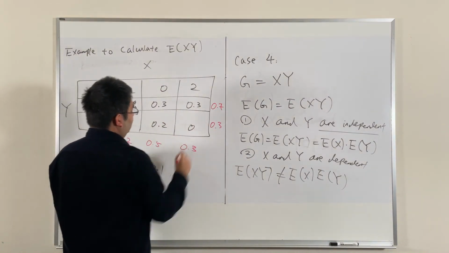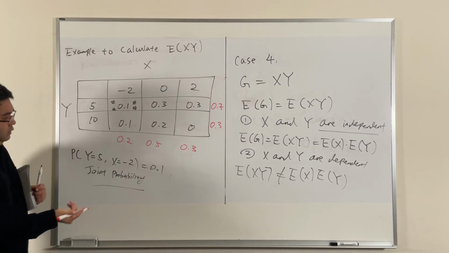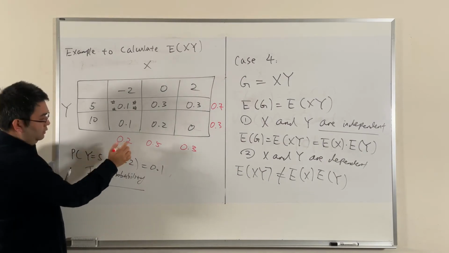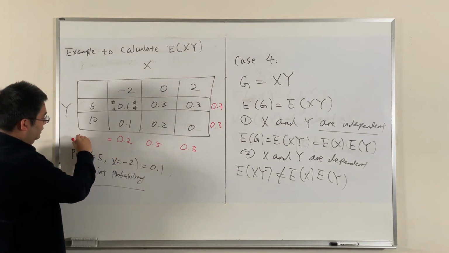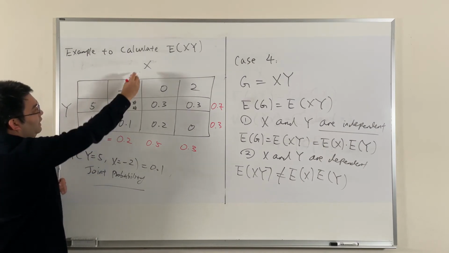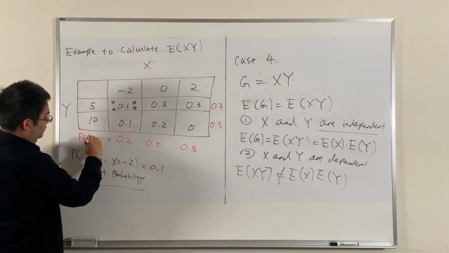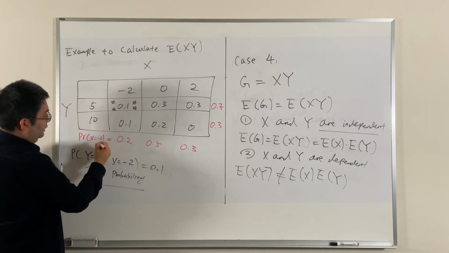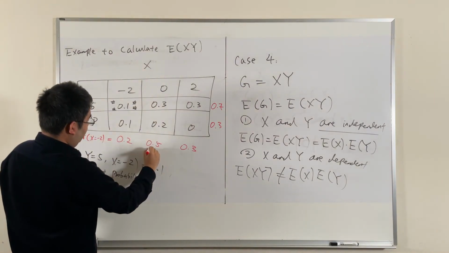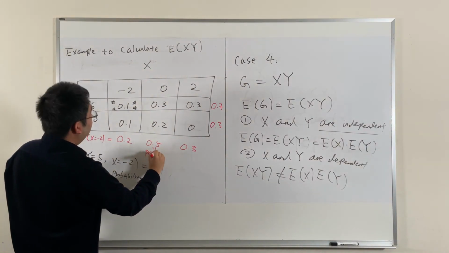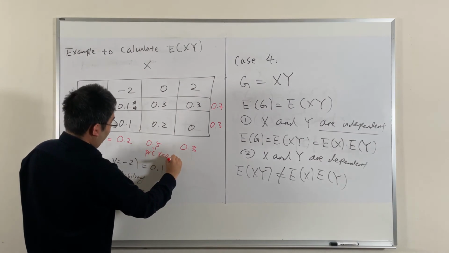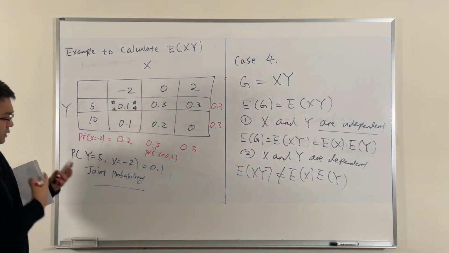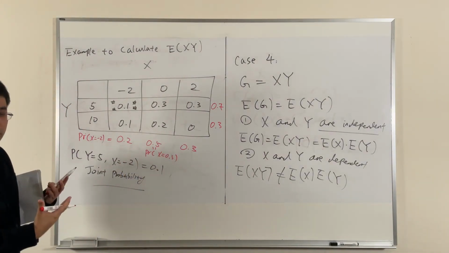What do these represent? This 0.2 here is the probability that x equals -2, and this one is the probability that x equals 0.3.